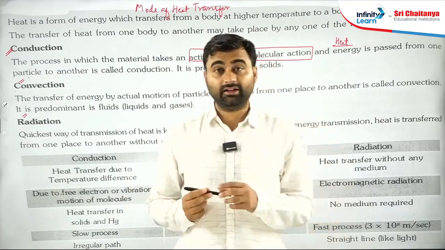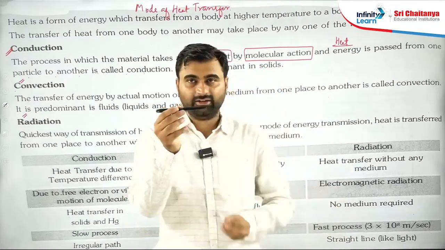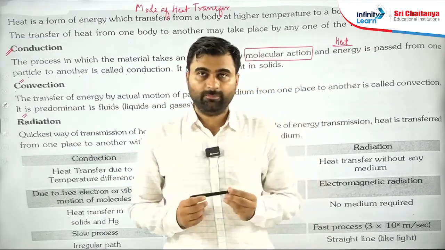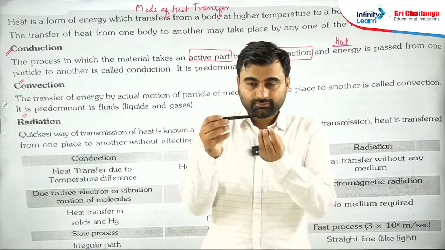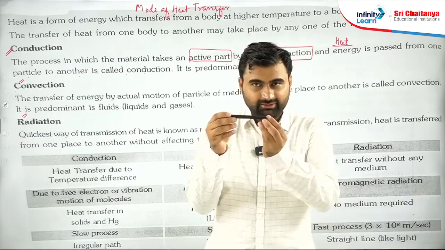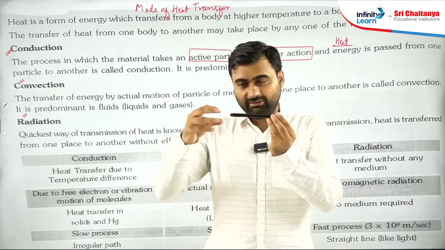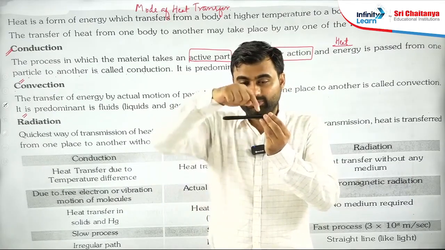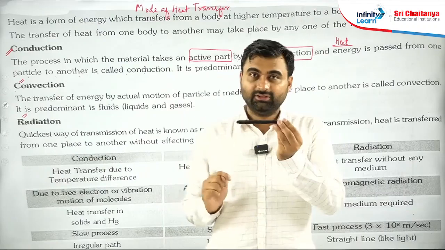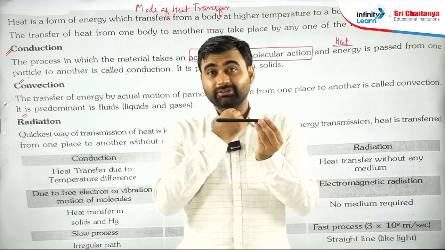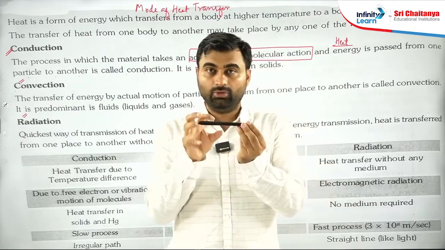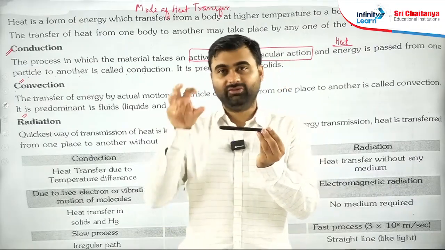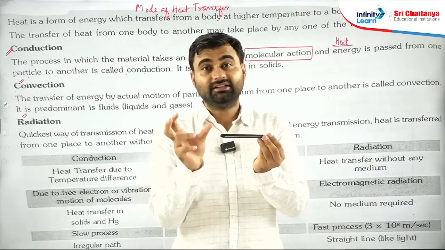We heat this part, but after some time we feel that this part also becomes hot, which means heat is transferred like this. How is this heat transferred? We give this process the name conduction.